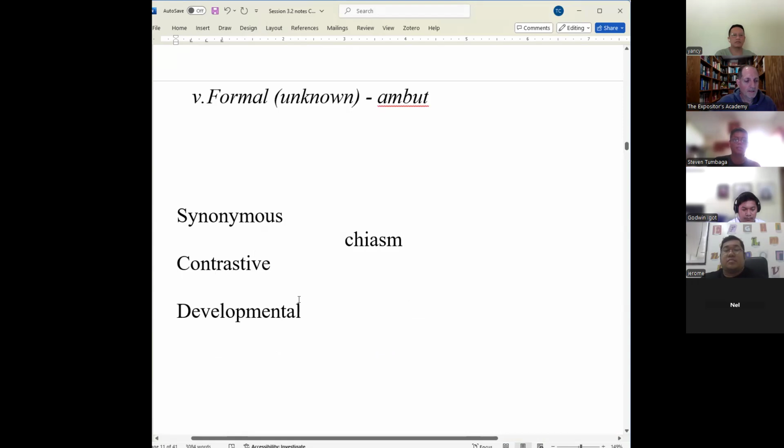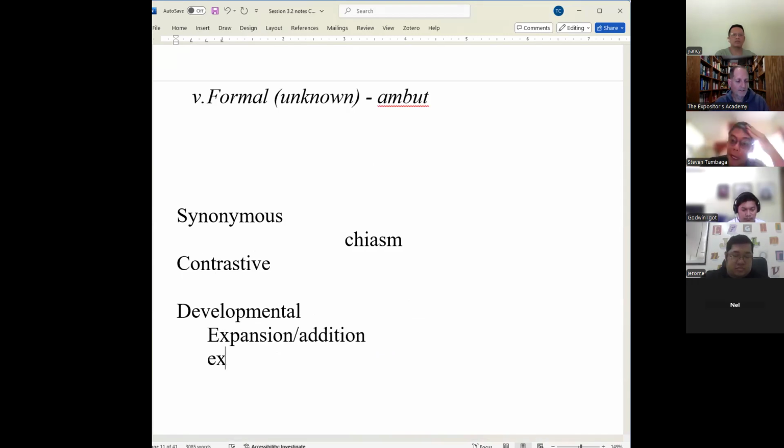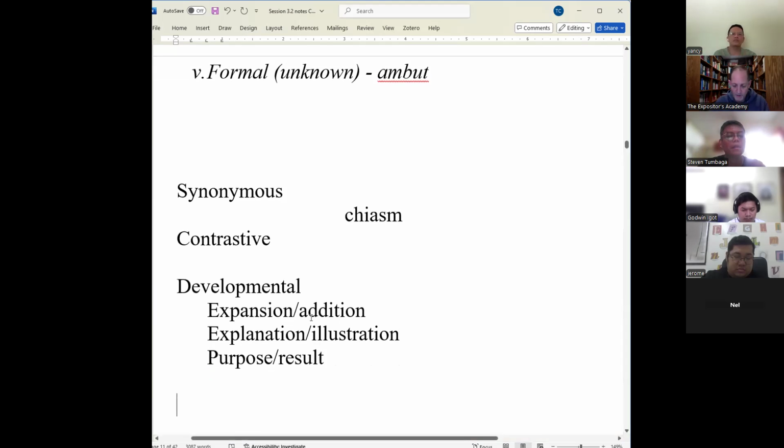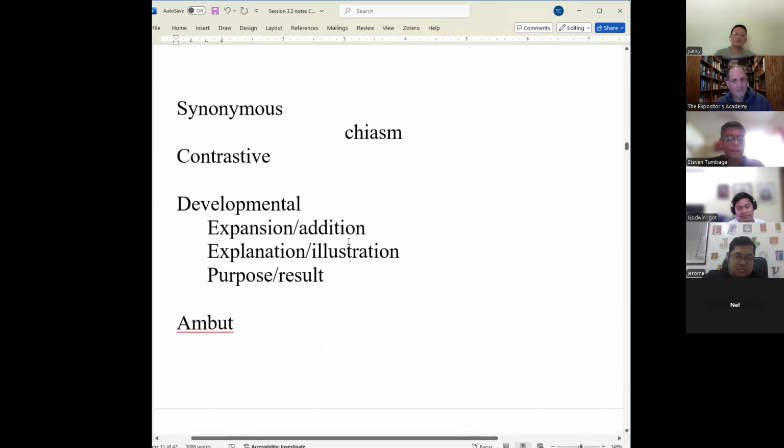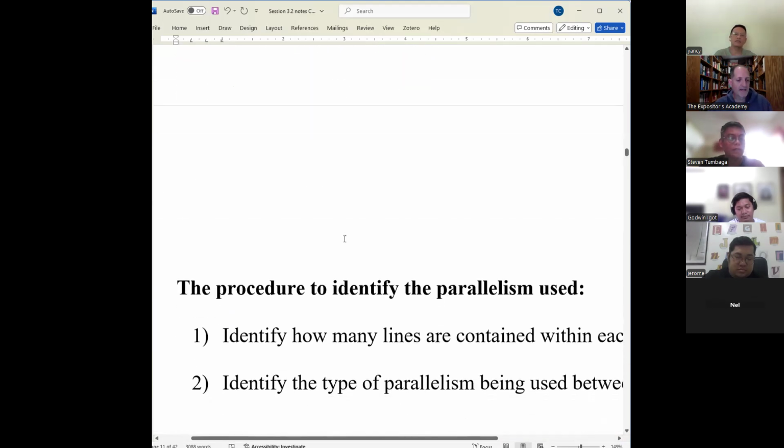And then developmental, we discussed there are three: expansion, addition, or explanation; illustration; or purpose, result. And then we have the unknowns. If we can't identify whether it's synonymous, contrastive, or developmental, then you can just say unknown.